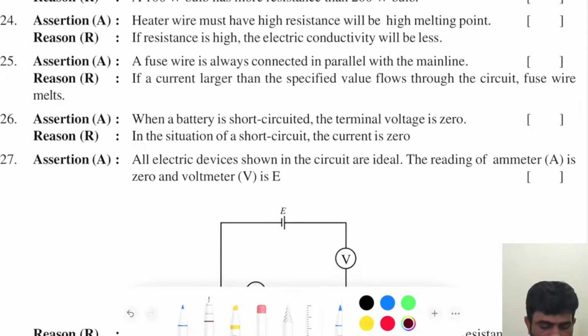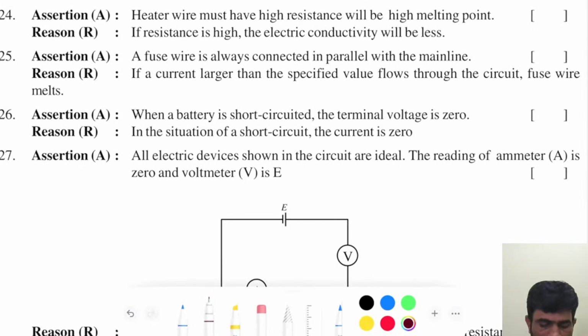Next, question number 25. A fuse wire is always connected in parallel with the main line. Is it true? How do we connect a fuse wire? Fuse wire will always be connected in series. Remember, very important. It is connected in series so that when it breaks, the current supply will be stopped.